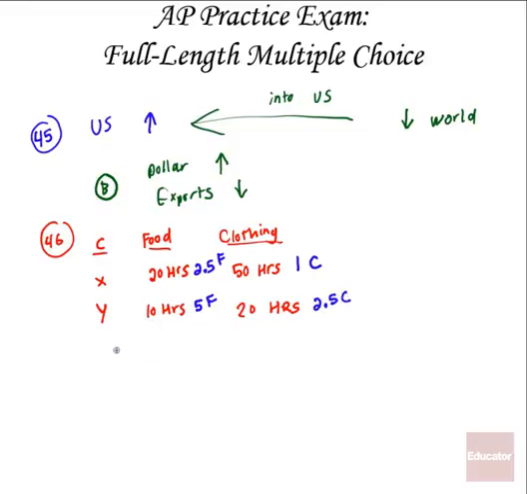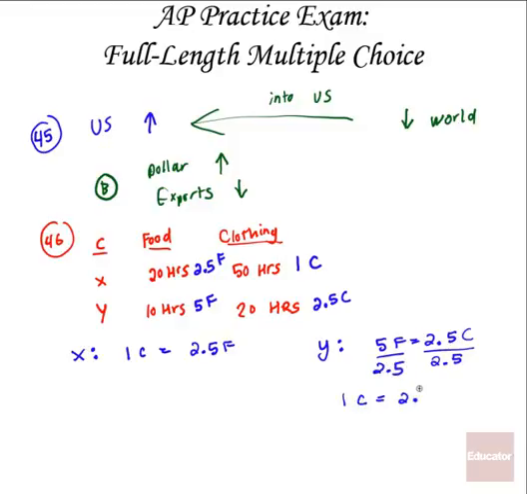Okay, so now at this point, it's just an equality issue. You know that 1 clothing equals 2.5 food in country X. Now in country Y, we know that 5 food equals 2.5 clothing, and let's divide by 2.5 on both sides here. And so now 1 clothing equals 2 food. Now, what's more expensive here?